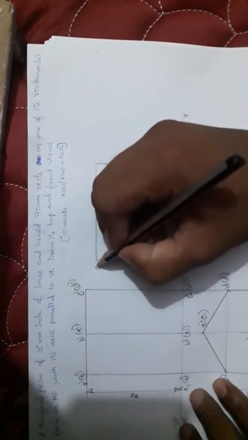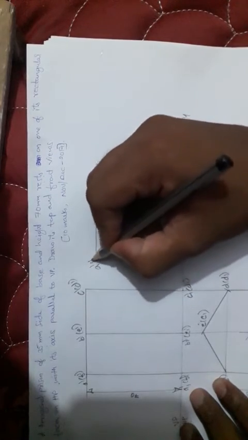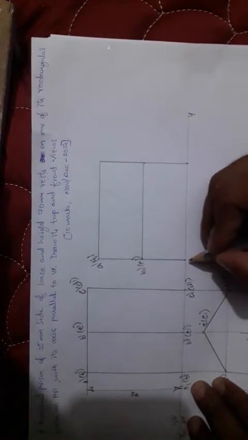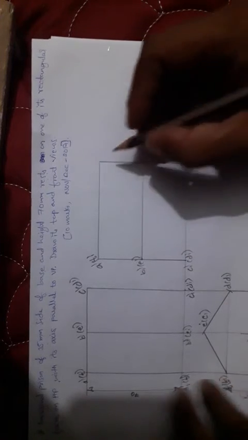So A1 dash, F1 dash, B1 dash, E1 dash, C1 dash, D1 dash in bracket, A1 dash, A dash, F dash in bracket, B dash, E dash in bracket, C dash, D dash in bracket.